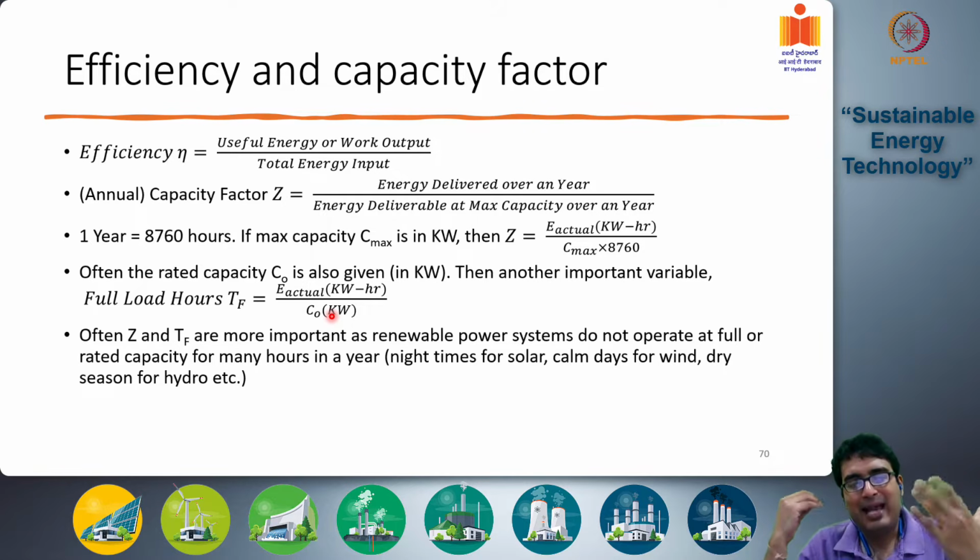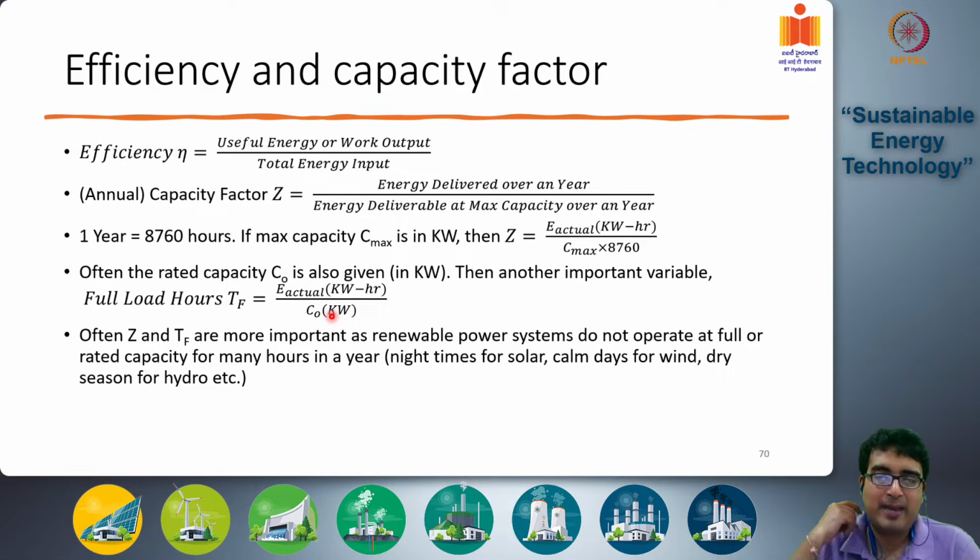So the capacity rating is basically the power rating of your system, how many joules of energy it is delivering per second at its rated value or the maximum possible joules of energy it can deliver, which is Cmax, the maximum capacity. So here C0 is in the denominator and at the top is the actual energy it is delivering throughout the year.